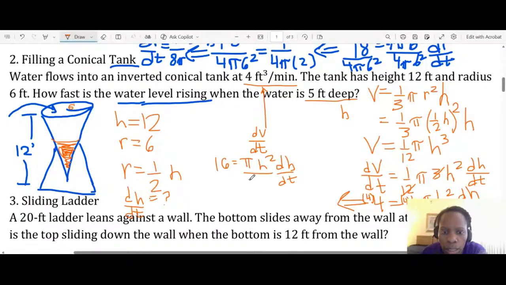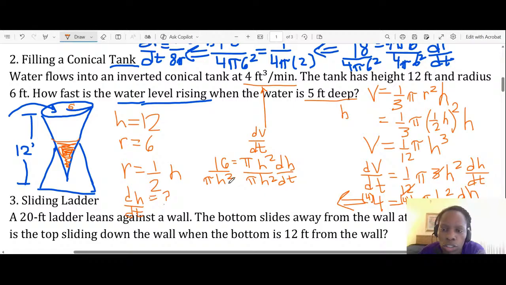So we can divide by pi. And we can also replace h with this instantaneous value here for 5. And that's going to give us 25.